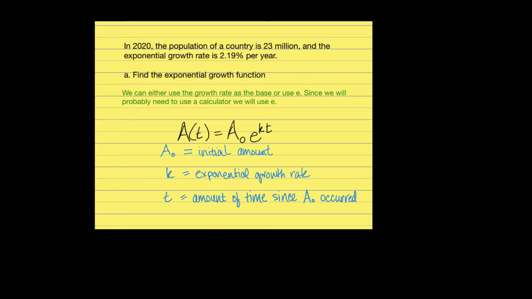And then in e to the kt, k is the exponential growth rate, and it's actually just a change of base factor from going from your actual growth rate to base e. t is the amount of time since A sub naught occurred, so whatever that elapsed time is.